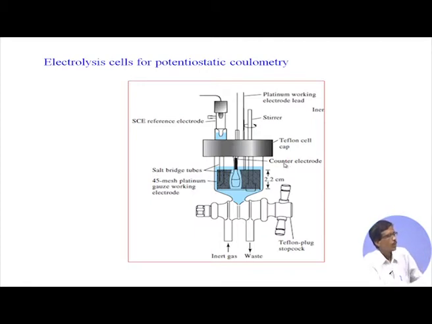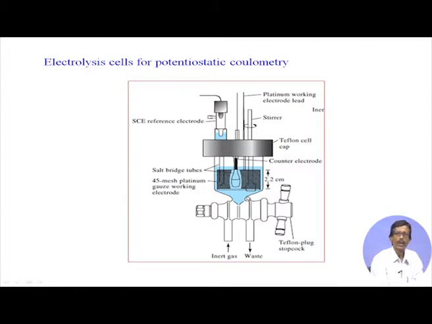So, the counter electrode is there and the corresponding platinum electrode. So, this is the cell and the corresponding placement of the different electrodes. So, you have the reference, working as well as the counter electrode. So, this is basically the same thing that we have seen earlier, that is the 3 electrode system.